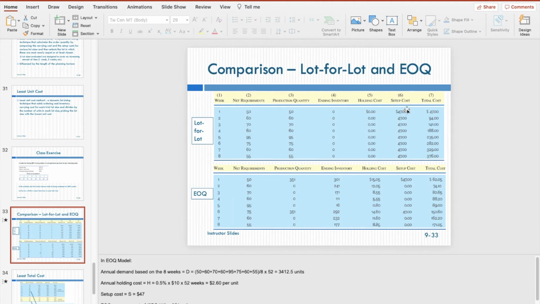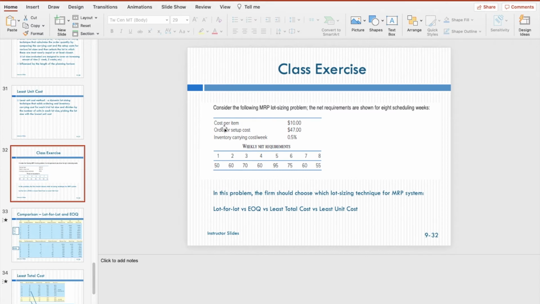But what is the setup cost, or ordering cost? As I said, each time you order, you incur $47. You can view it as, each time I order, no matter how much amount, I need to rent a truck. That's why I have to incur that amount.